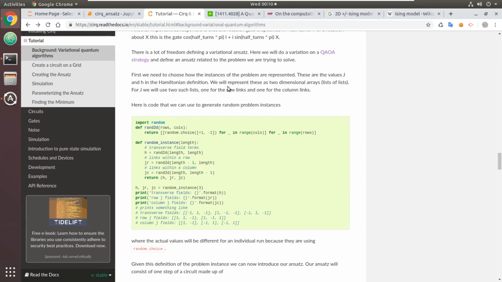So first we need to choose how the instances of the problem are represented. The values J and h are the Hamiltonian definition. We will represent these as two-dimensional arrays, lists of lists. For J, we use two such lists, one for the row links and one for the column links. And here's the code that we can use to generate the random problem instances. Rows and columns.